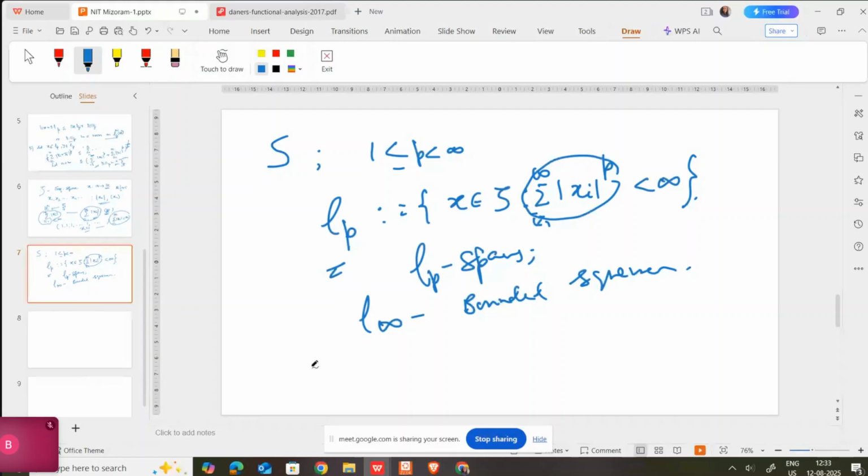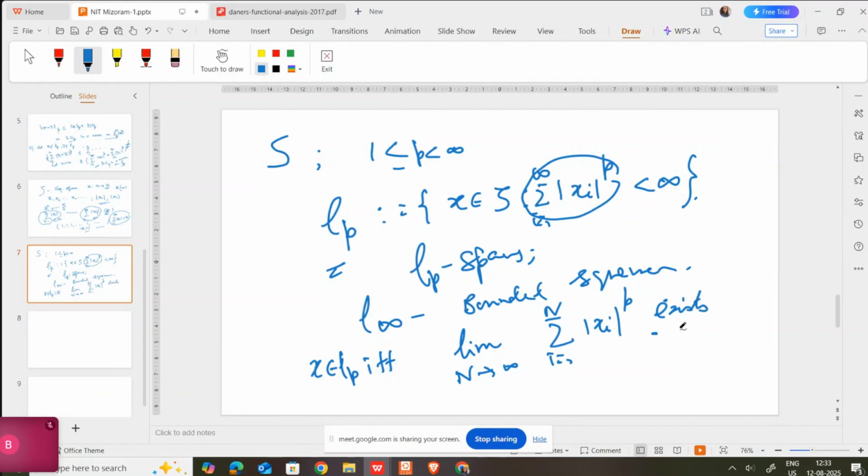You say that X is in LP if and only if the limit as n goes to infinity of the summation of mod xi raised to p, i equal to 1 to n, exists. Exists means the limit exists and it is finite, right? This is the definition of the series being convergent, right?